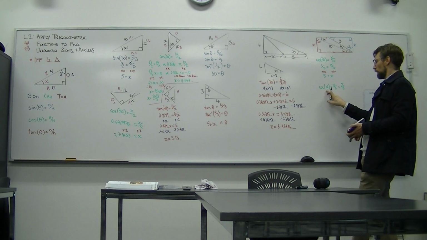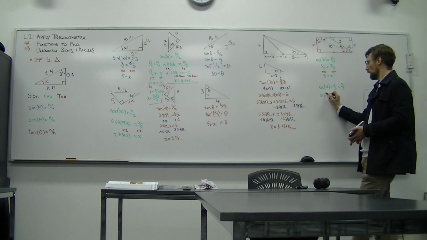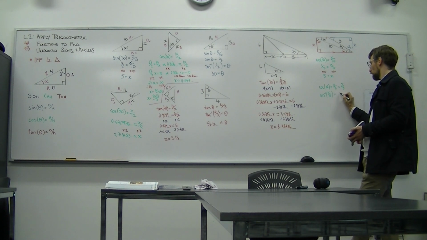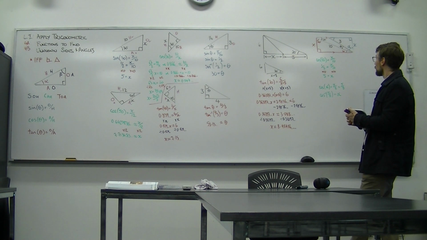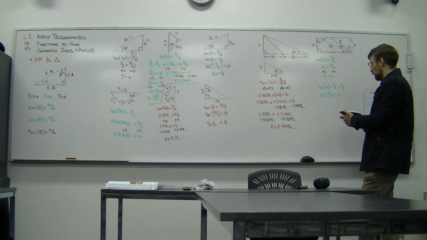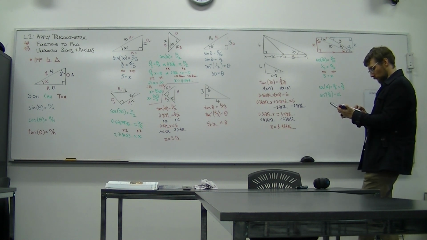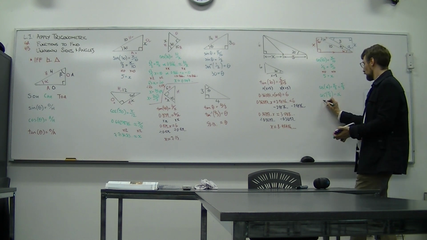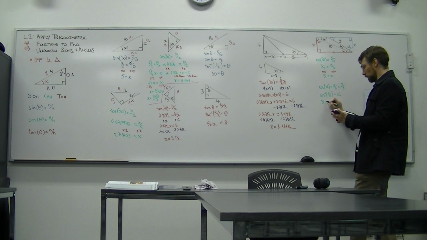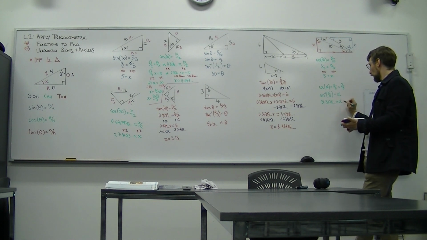We need to rearrange for alpha, so cos inverse of 5 on 8 equals alpha. Brilliant. Cos inverse of 5 on 8 means that 51, etc. roughly equals alpha.